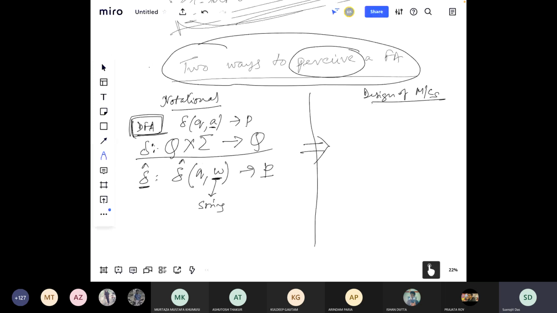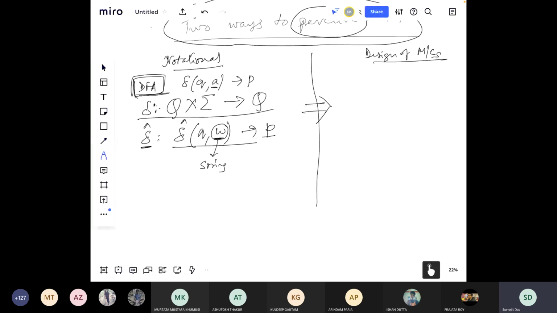You can define del hat if and only if you break W to look like X followed by A. X is another string and A is a symbol, right? So W is a substring X followed by a symbol.